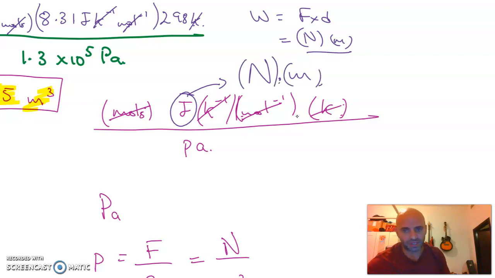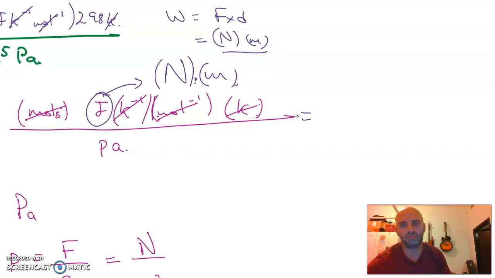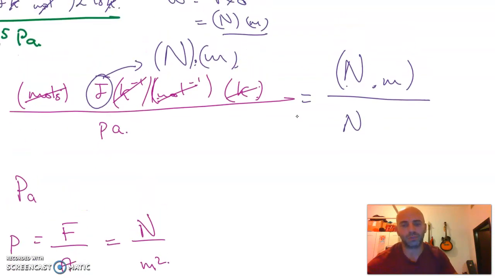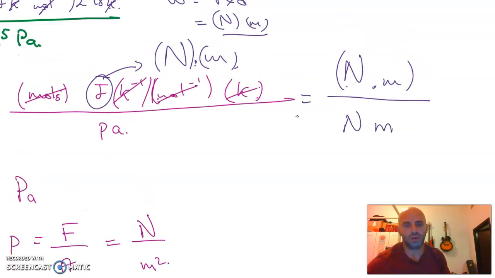So that means I wind up with a unit of newtons times meters on top, because of joules, divided by the pascal, which is newtons per meter squared. So I'm going to write that as meters to the -2. Now my newtons will cancel.